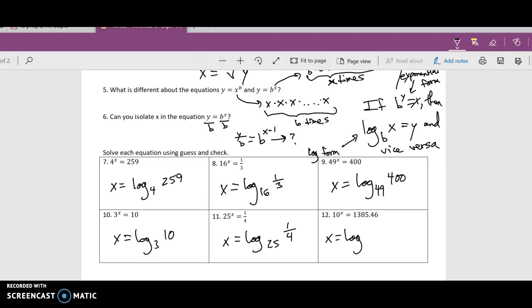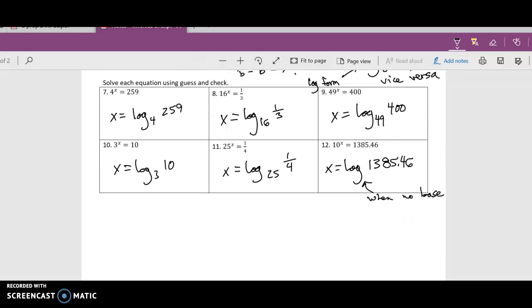Notice we don't write a base 10. So when no base is written, it's base 10. It's kind of like the square root of x, even though we don't write that index, right?